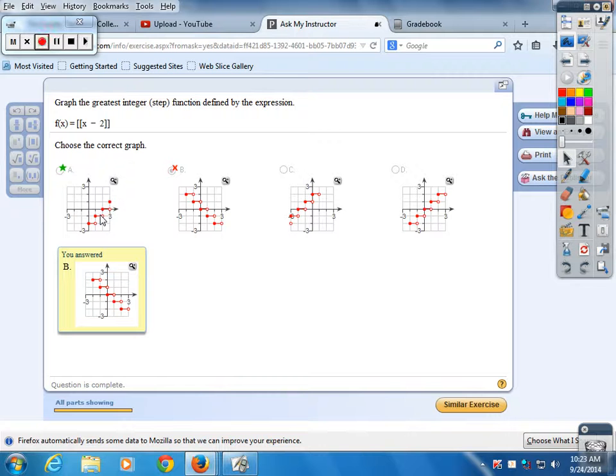There's your step function. And then 2. What's 2 minus 2? 0. And then there's that function. All right, let's go to 3. What would 3 minus 2 be? And then there's that function. And then 4. 4 minus 2 is 2. So 2 would be that function.